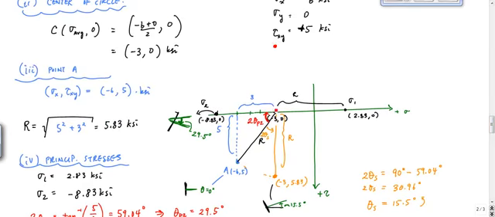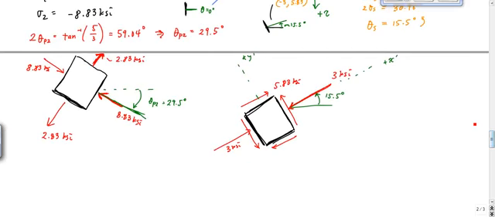And this coordinate is -3, -5.83 right here. And that means I would have over here also this 3 KSI. 3 KSI. And this would be my plane shear stress state.